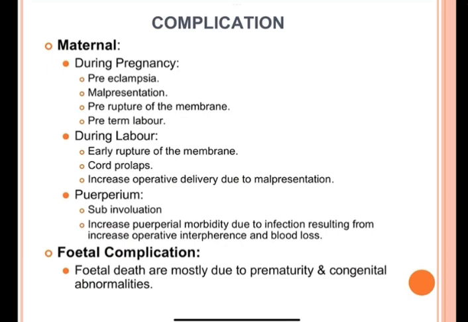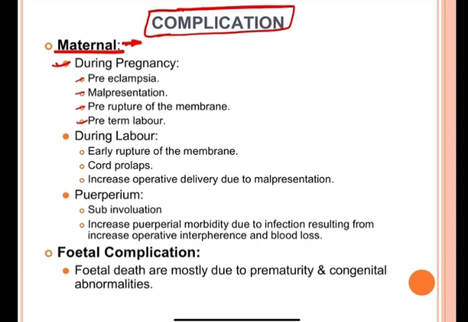What are the various complications of polyhydramnios? Maternal complications. Obviously, the more distended the uterus, the more discomfort it will cause to the mother. So, the patient may suffer from preeclampsia, malpresentation, premature rupture of membranes, and preterm labor.